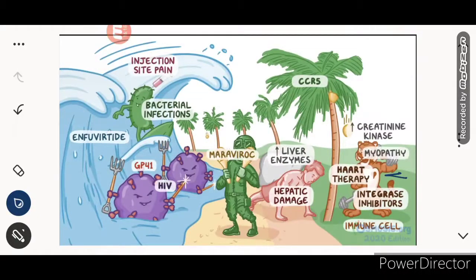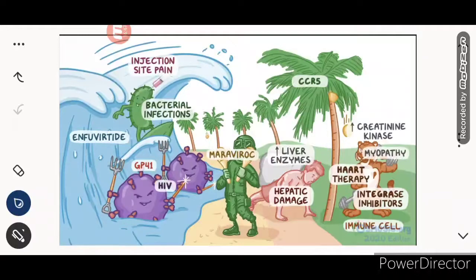Here we can see a tiger, which is for another drug class, the integrase inhibitors. The tiger represents the tegravirs: dolutegravir, elvitegravir, and raltegravir. For the tegravir suffix, the tiger is represented, and it has a heart on his chest, representing all the drugs used in HAART, the highly active antiretroviral therapy.